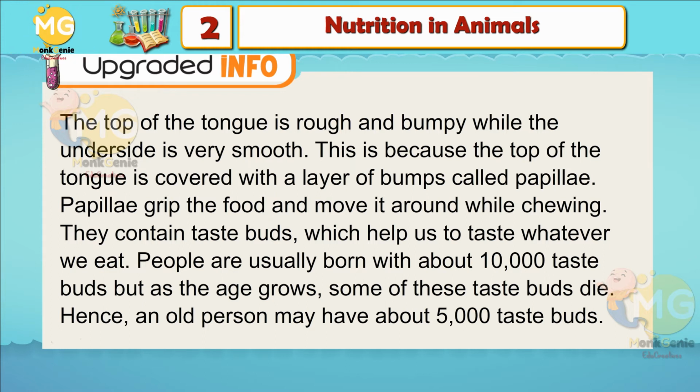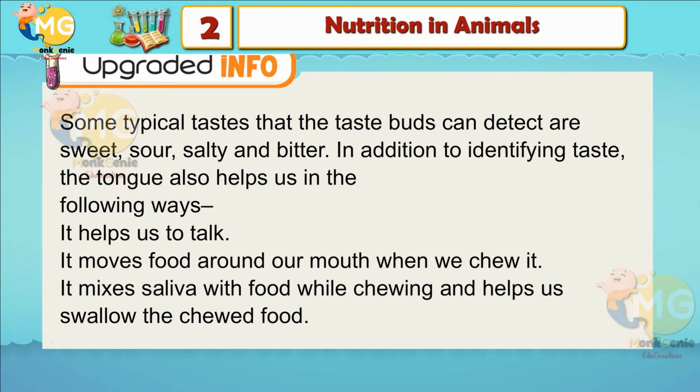People are usually born with about 10,000 taste buds, but as the age grows, some of these taste buds die. Hence, an old person may have about 5,000 taste buds. Some typical tastes that the taste buds can detect are sweet, sour, salty, and bitter.